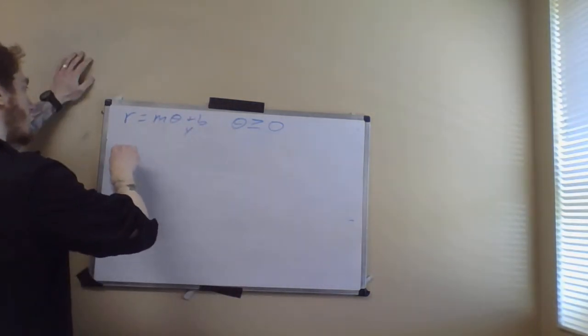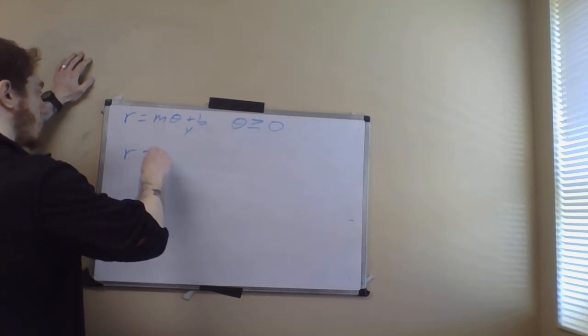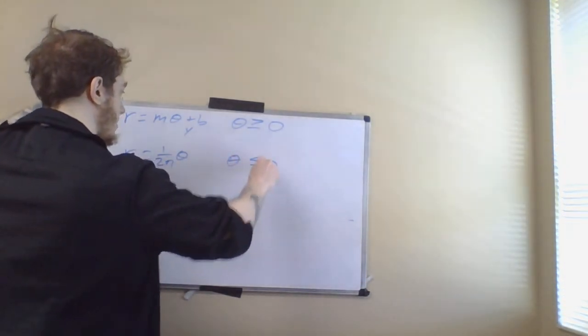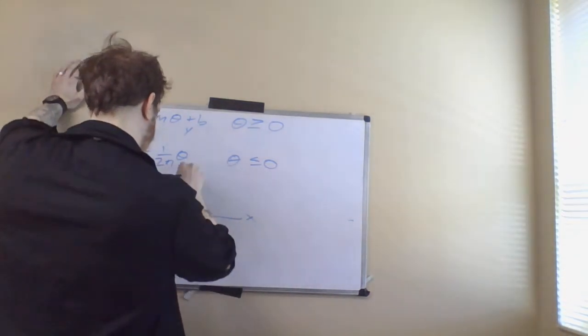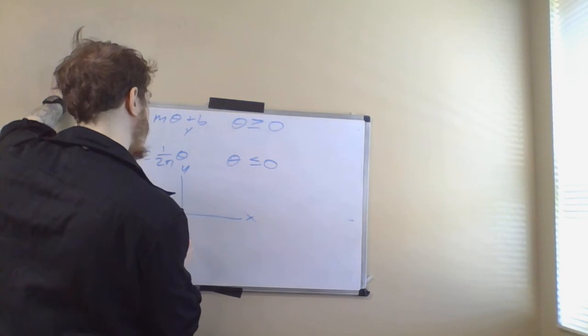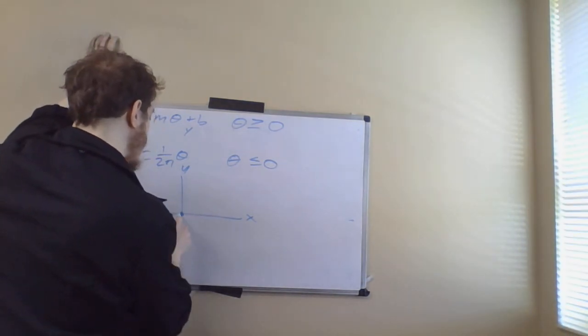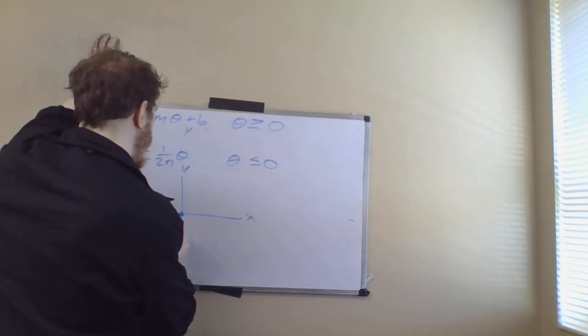So what if I had something like r equals 1 over 2 pi times theta, and we're letting theta be less than or equal to 0. Well, when theta is equal to 0, this one would be at the origin. And then as theta grows, theta is going in this direction, but my radius is going negative, so we actually go in this direction.